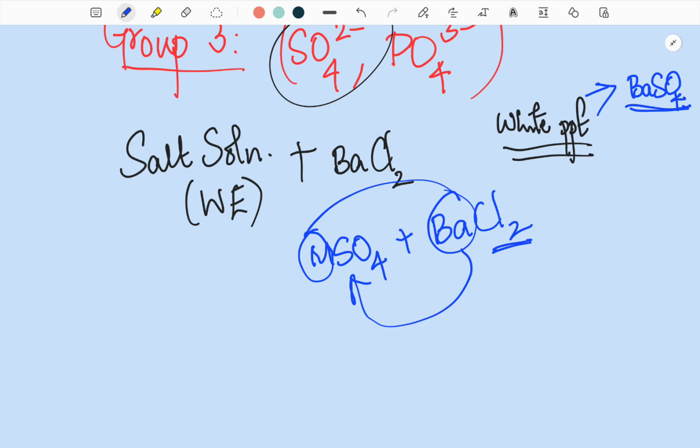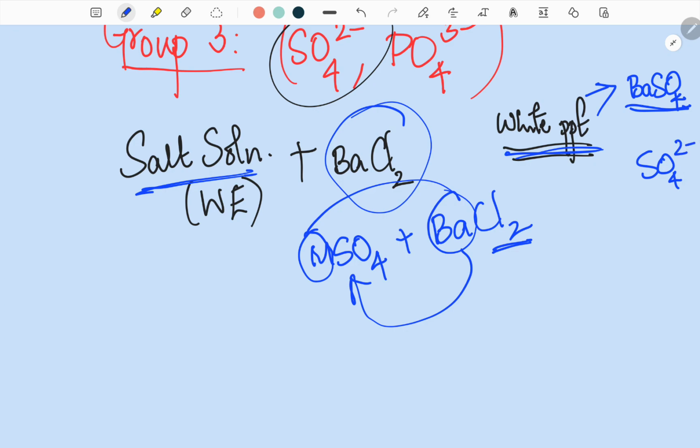That is the reason why you are using the salt solution, because we need this double displacement reaction to happen. Even the barium chloride is going to be in aqueous state. You can see in the lab, the barium chloride will be in the form of a solution. So you need to add barium chloride solution to the salt solution, and if you are getting a white precipitate, then that means your ion is sulfate.